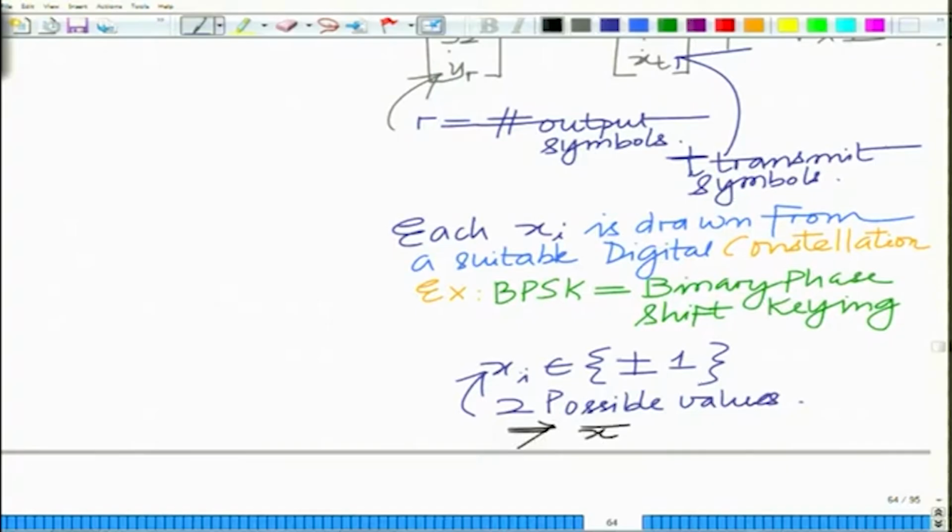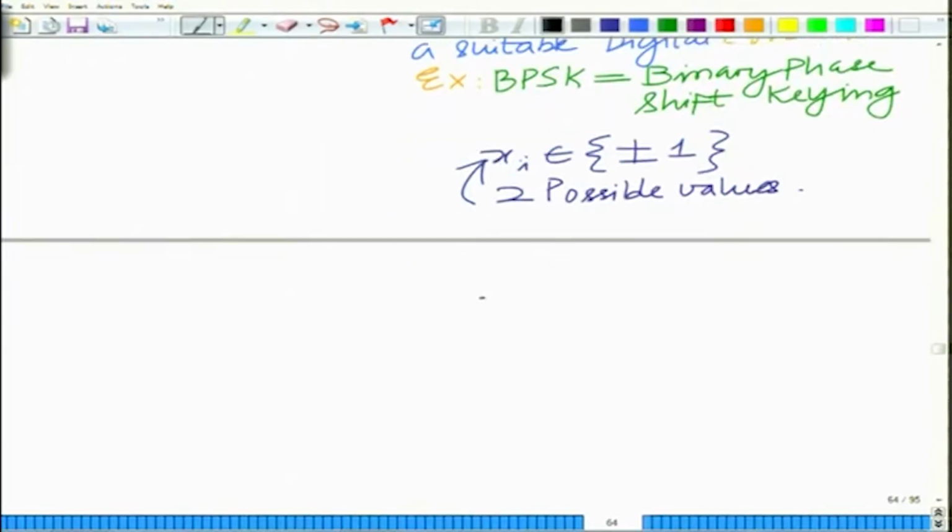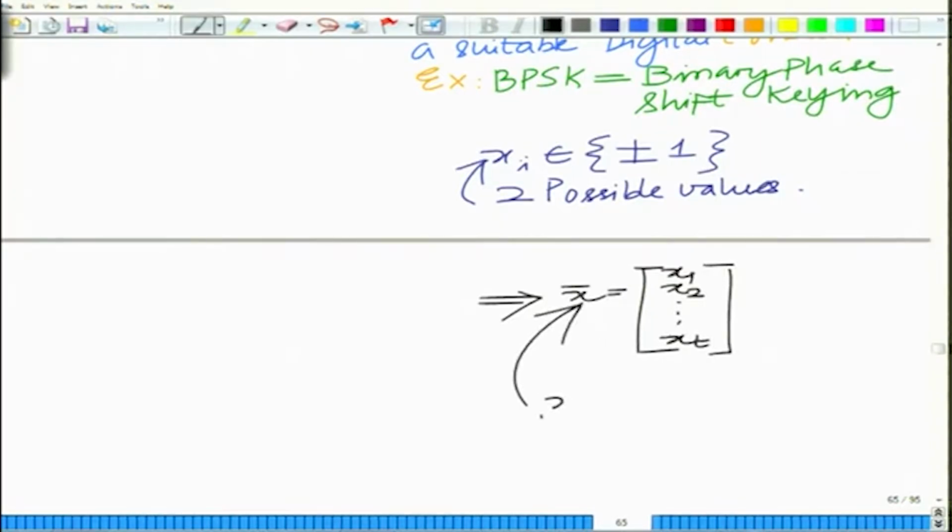If you look at the symbol vector x bar, which has x1, x2, up to xt, each has two possible values, implying there are 2 times 2 times so on up to 2, which is 2 to the power t possible transmit vectors for BPSK.